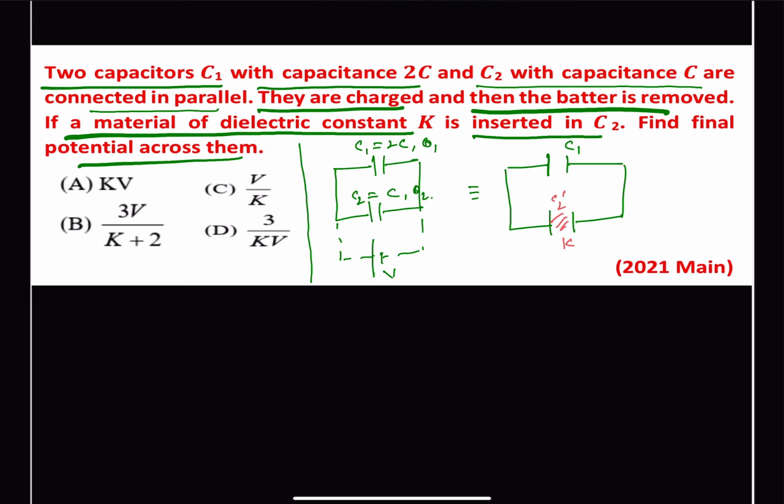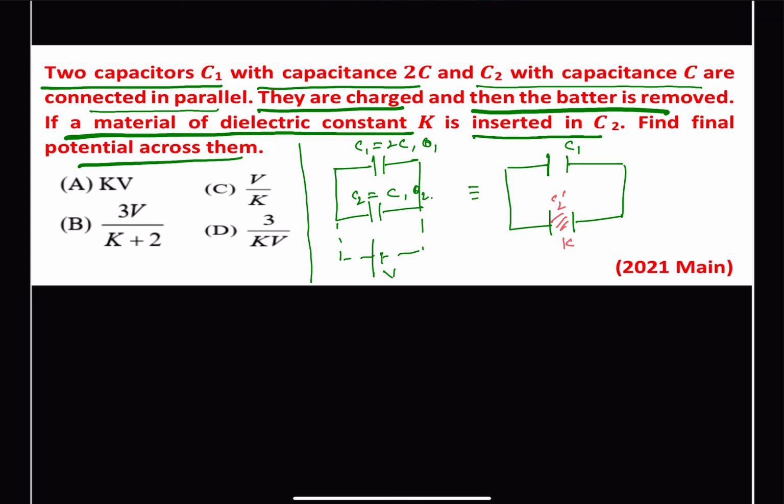And we have to find out the final potential across the capacitor. So final potential across the capacitor should be same. And in this case, because battery is removed, the charge should be same in initial and final condition.